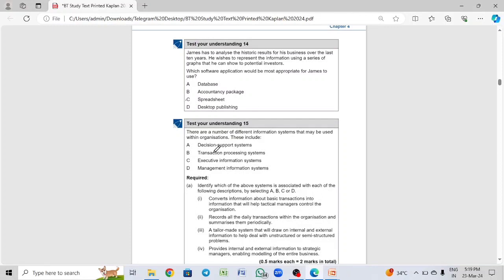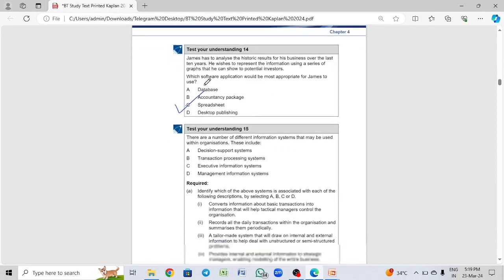Database, spreadsheets, accountancy packages, or desktop publishing. It will be spreadsheets because it is easier to analyze and present in a spreadsheet, not by databases or accountancy packages or desktop publishing.